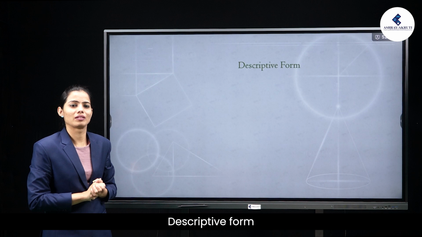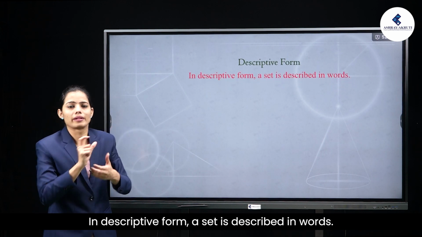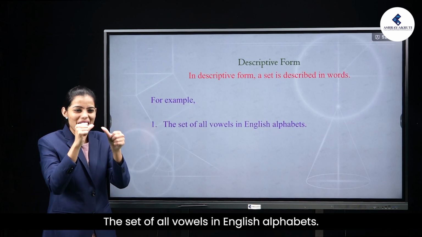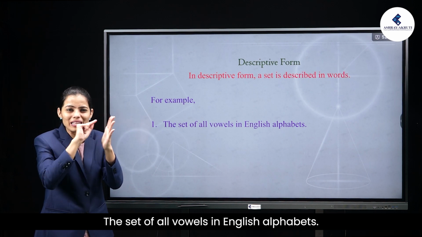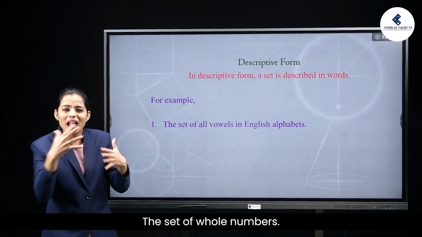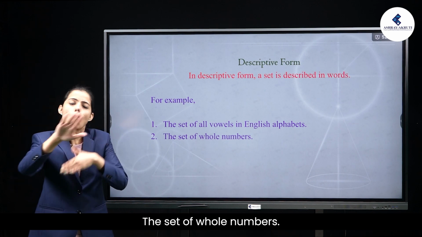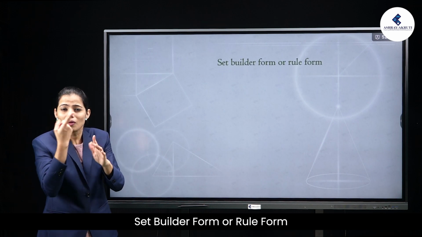Descriptive form. In descriptive form, a set is described in words. For example, the set of all vowels in English alphabets, the set of whole numbers. Set builder form or rule form.